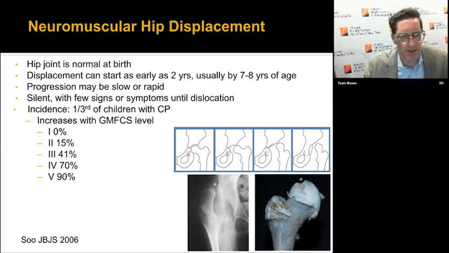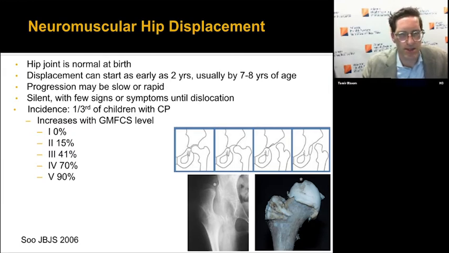Once the hip starts to sublux and dislocate, it can start to degenerate and become quite painful, particularly in the adult population. If the hip is not monitored, the incidence of hip displacement in CP is about 1/3 of children, and the incidence increases almost directly with the GMFCS level.